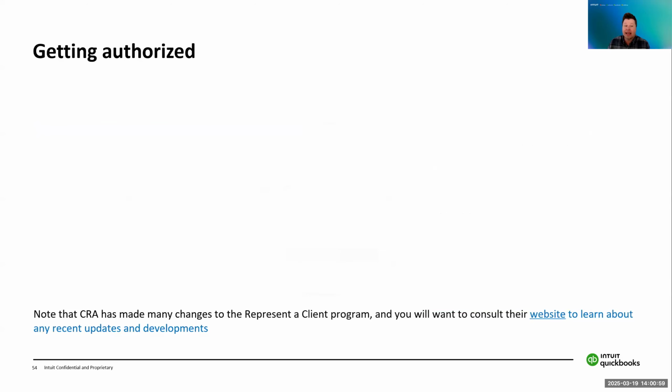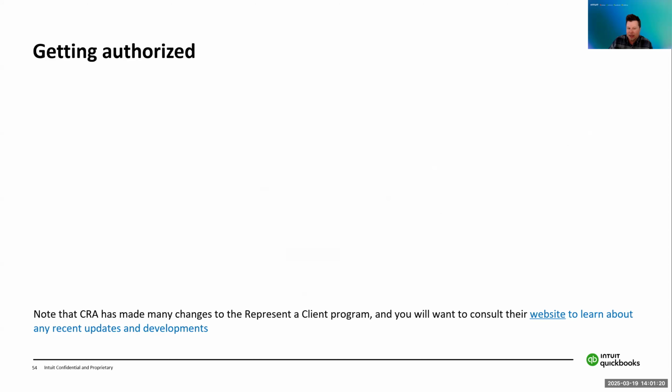Okay, getting authorized. So I talked about the CRA's Represent a Client program. The CRA has made a lot of changes to that program, so you always want to visit their website to learn the newest on the updates for Represent a Client.